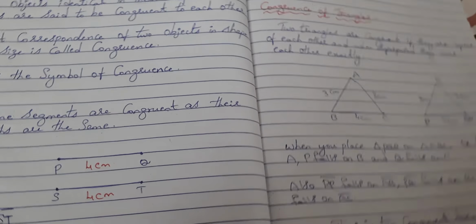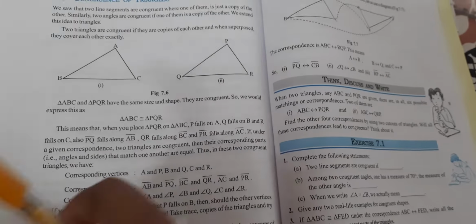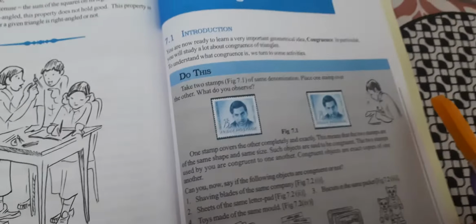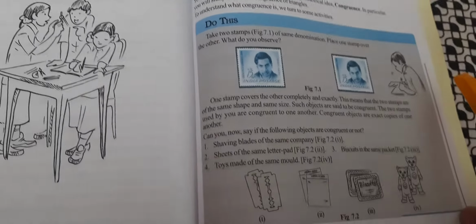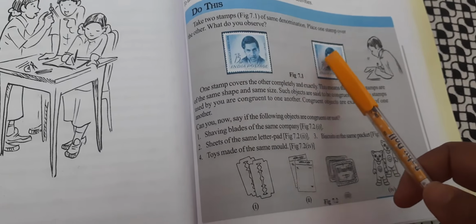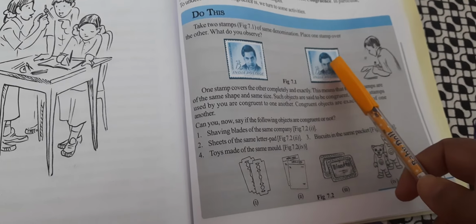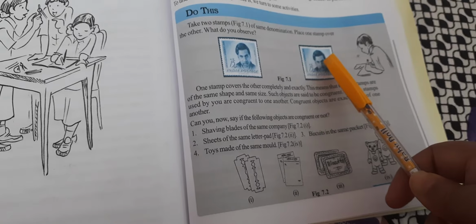Now let's go to exercise 7.1. Students, you can go through your textbook also. They have given you, here on page 133, congruence of triangles. Two stamps are given. When you place one stamp over the other stamp, it is the same size and same shape.